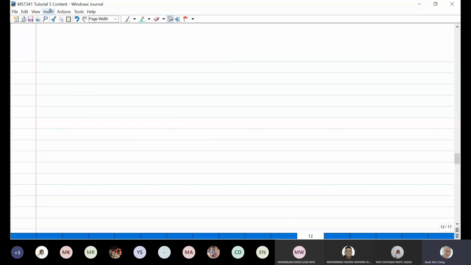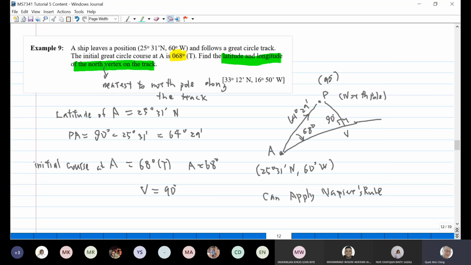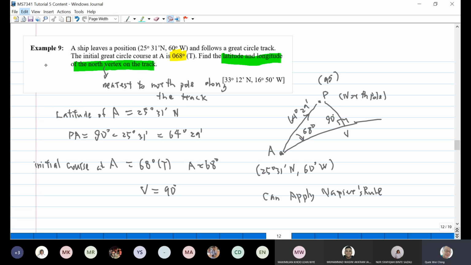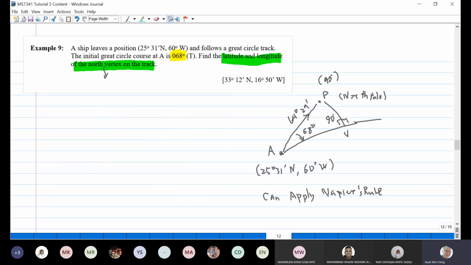Okay, I have set up everything already. Now let's do the calculation. Edit, selection tool, all this information only down.